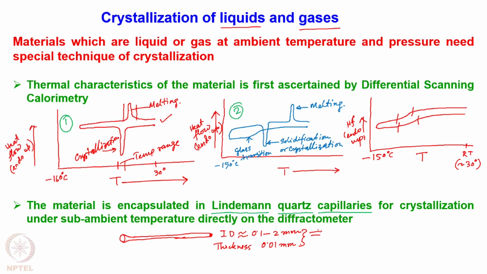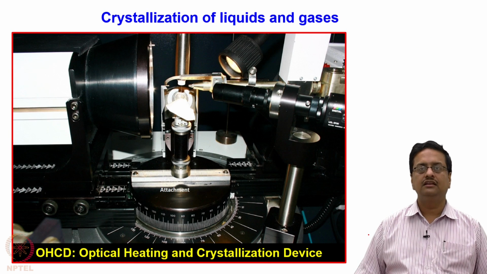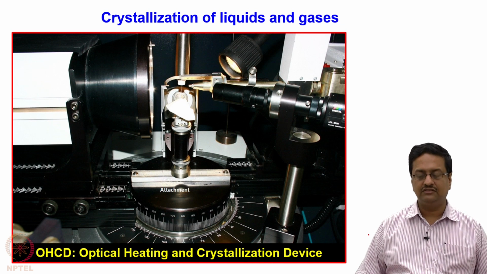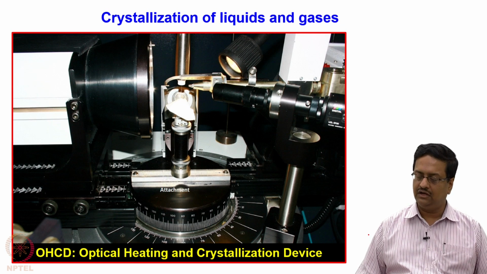The good size of the capillary is about 0.3 millimeter internal diameter, which is not very small and not very large, where the crystal that might be grown inside the capillary may have certain absorption. So this is done using a particular device which is termed an optical heating and crystallization device.